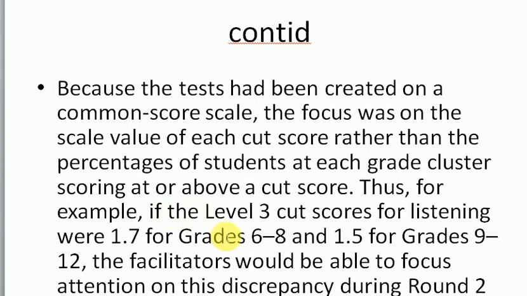Thus, for example, if the level 3 cut scores for listening were 1.7 for grades 6 to 8 and 1.5 for grades 9 to 12, the facilitator would be able to focus attention on this discrepancy during round 2.